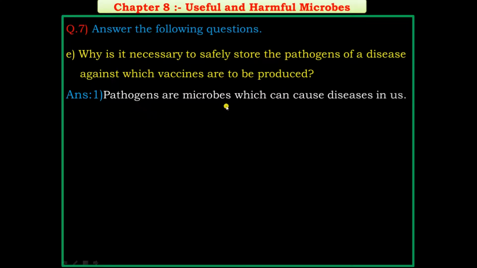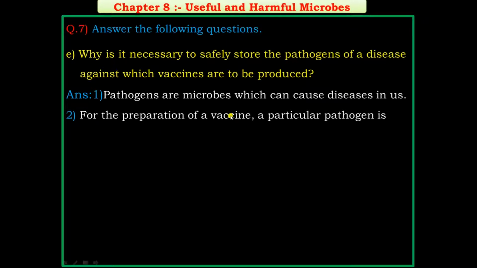Pathogens are microbes which can cause disease in us. Point number 2. For the preparation of vaccine, a particular pathogen is cultured and grown in a laboratory.